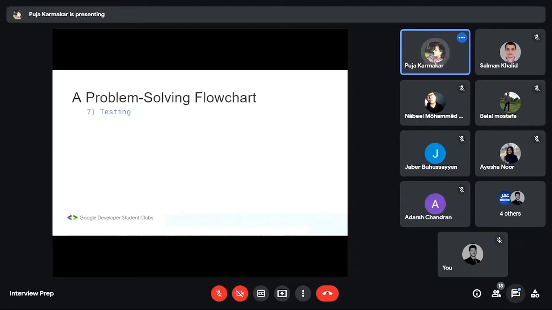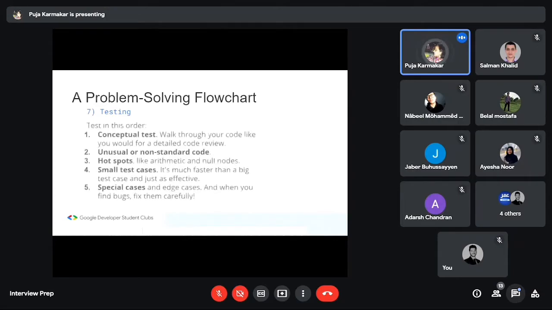The last but most important step is testing it out. What do I mean by testing it out? After you finish the code, what will be the steps? How do you test it? The first test could be a conceptual test, which means reading and analyzing what each line of the code does.